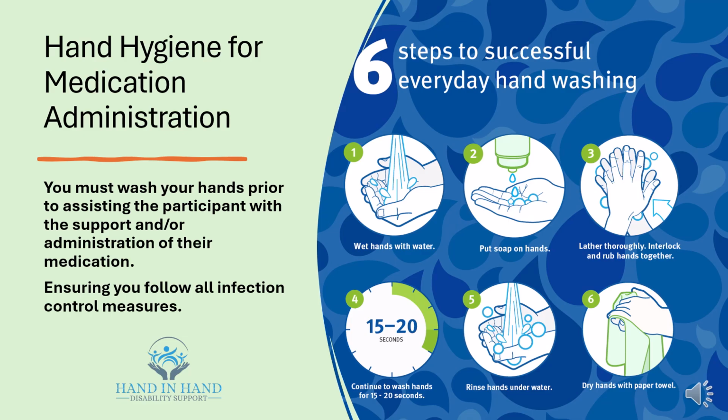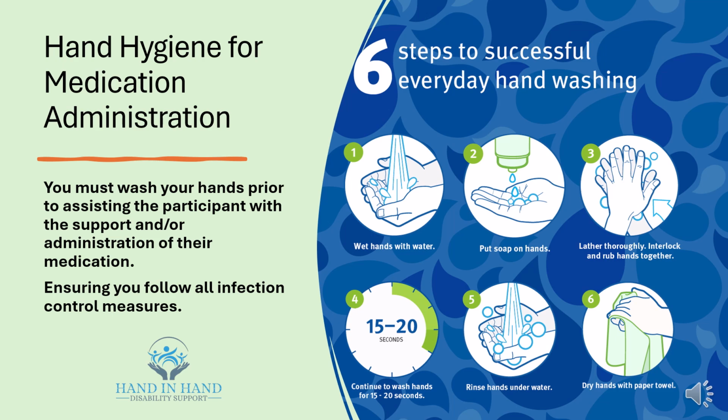You should follow these 6 steps to successful hand washing. 1. Wet hands. Start by wetting your hands with clean, running water. 2. Apply soap. Dispense an adequate amount of liquid, bar or powdered soap to cover all surfaces of the hands. 3. Lather. Rub palms together to generate a rich lather, then interlace fingers and rub the interdigital spaces. 4.